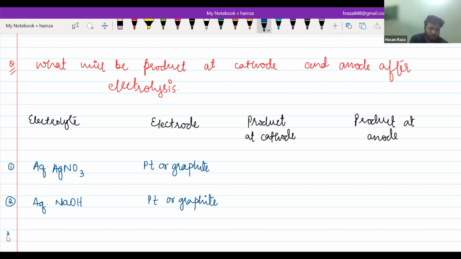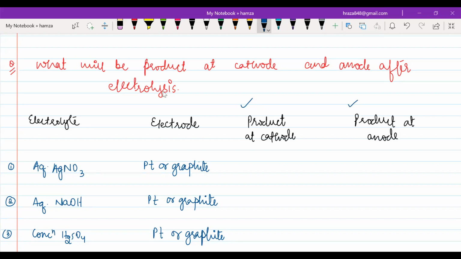Now the third is concentrated H2SO4, and the electrode is platinum or graphite. That means in these three questions, I have given you the inactive electrode like the previous classes. Please solve it and let me know the product at cathode and the product at anode. Please do it. And if you are unable to solve it, just let me know.